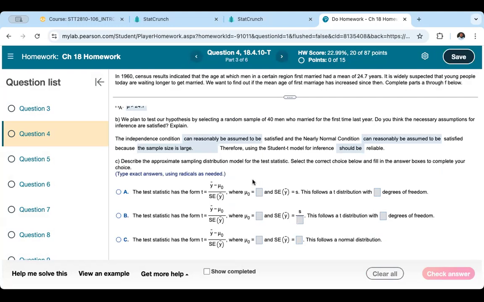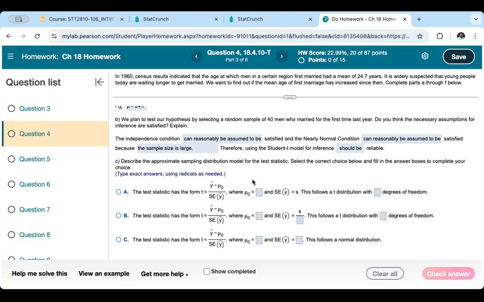Now tell me, what do you think C should be? Anybody to help us? So we all agree that it's going to follow the T distribution, right?